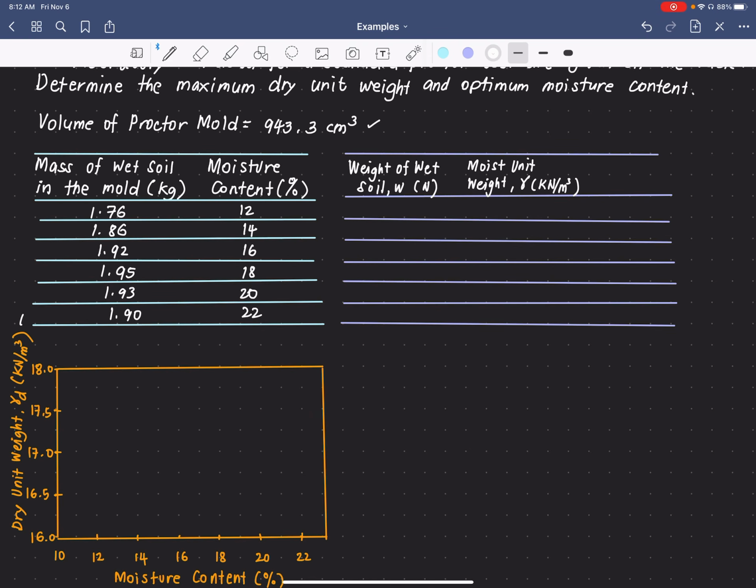After calculating the moist unit weight, since we have the moisture content, we can get the dry unit weight, or this is our gamma D, also in kilonewton per cubic meter.